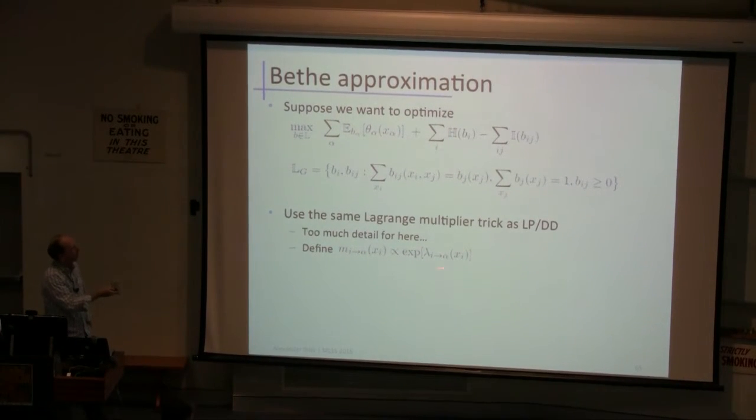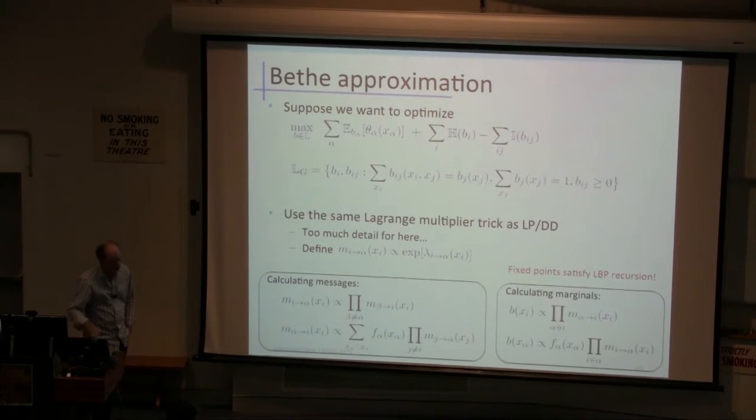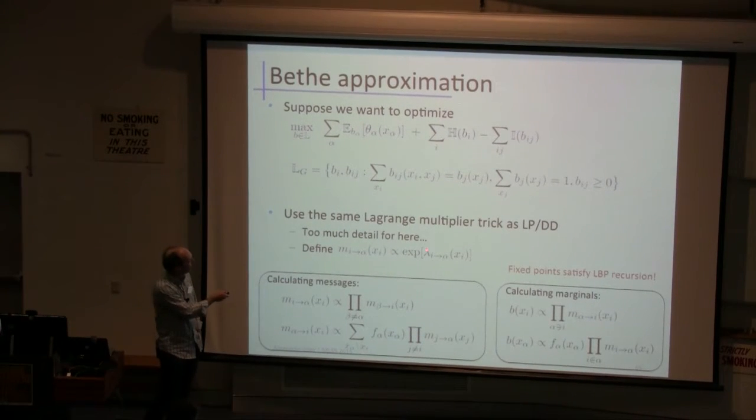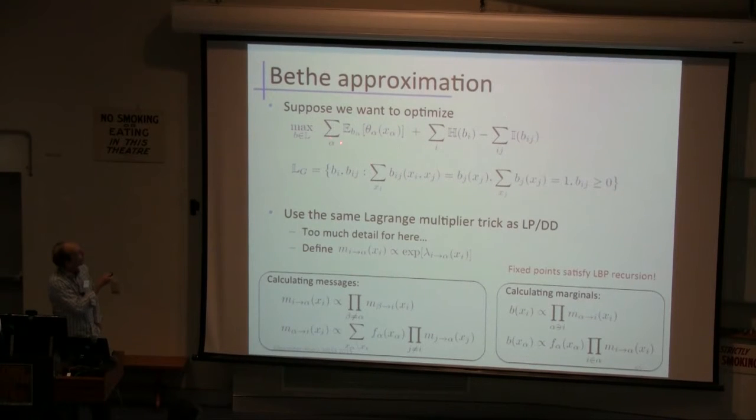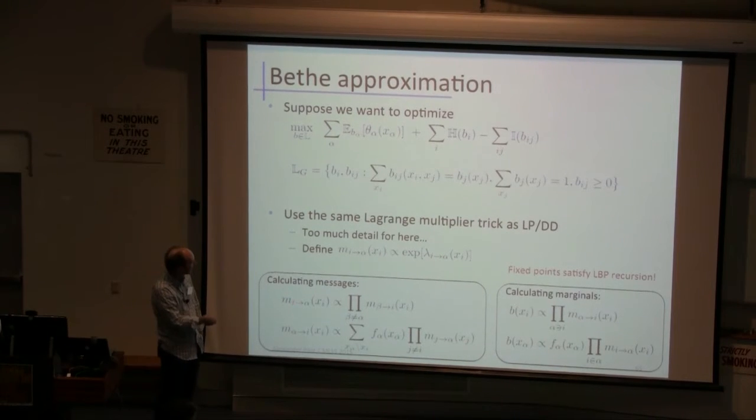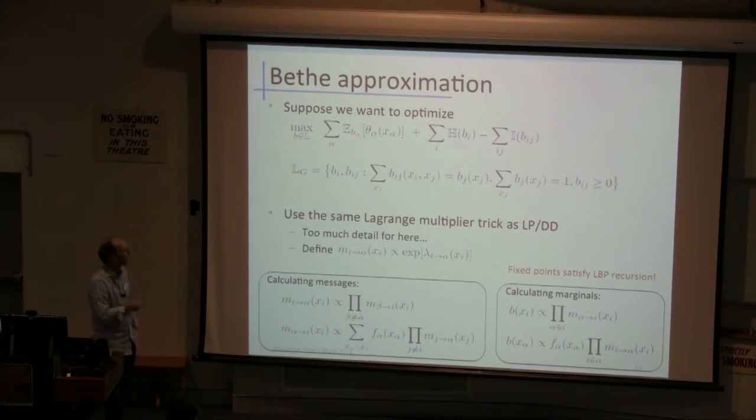You can solve for the lambdas, and you'll find that they form exactly the same fixed point equations that loopy belief propagation had. So if you exponentiate the Lagrange multipliers of this optimization over entropies subject to these constraints, you'll find that the Lagrange multipliers exactly satisfy these fixed points of belief propagation.